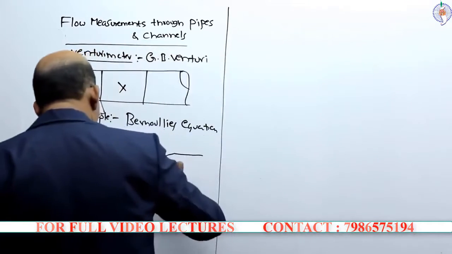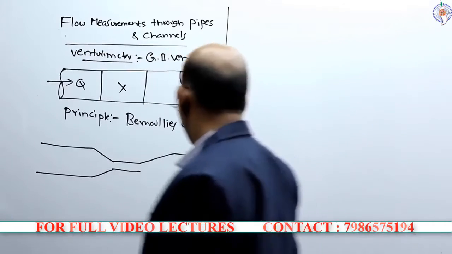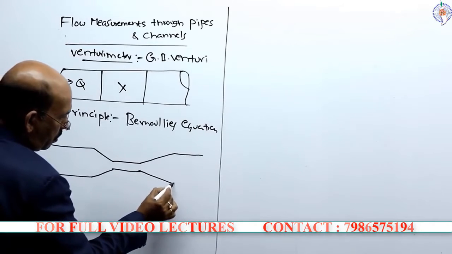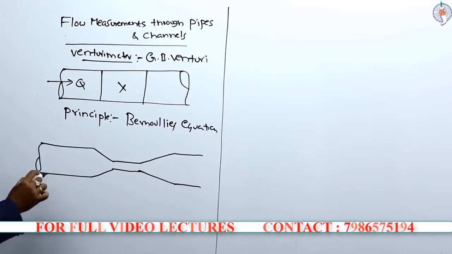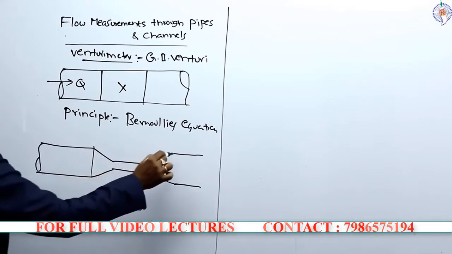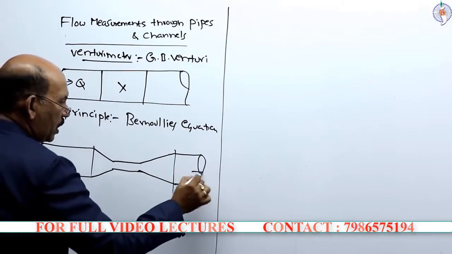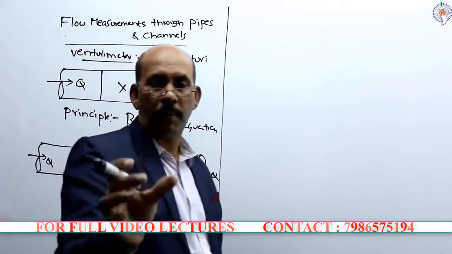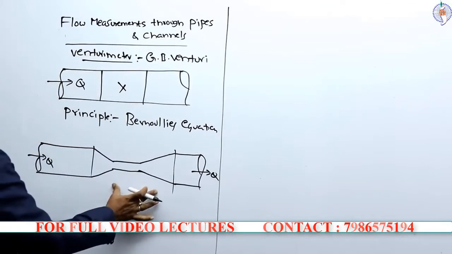So this is the pipe, this is the Venturi meter, and this is the flow. We want to measure the value of Q flowing through this particular pipe, so I cut the section and install the Venturi meter.